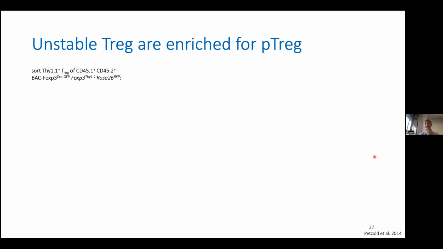So that brings me back to the question: is it as simple as P-Treg versus T-Treg, if it can't be just activation status? What we did is we used a transgenic mouse model in which a FOXP3 Cre transgene is only expressed by thymic Treg.